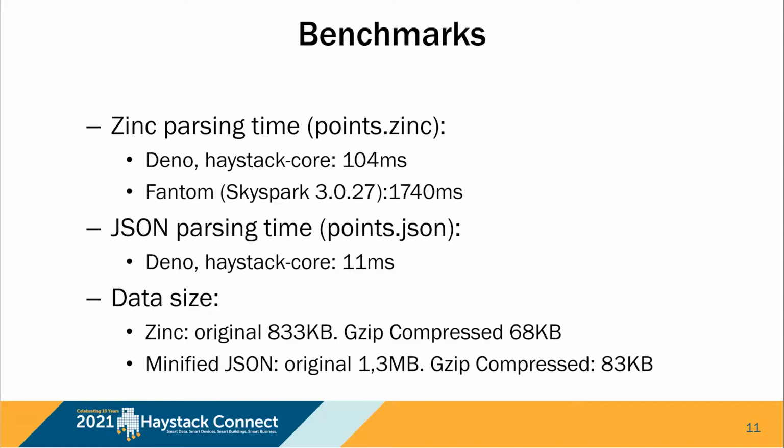The same goes for the data size, even though the Zinc format is quite compact and more terse. When gzip compression comes into place, the differences are not that big anymore. So even though there is some size compromise happening over here, the performance, especially when the native JSON parsers come into place, is quite substantial.